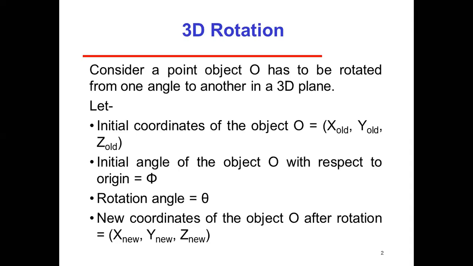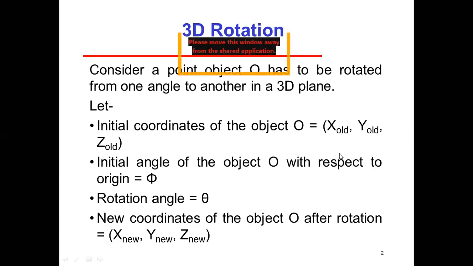Now we can see our object from each face. So in a similar way we will proceed with the rotation transformation. In this case also we will consider the initial coordinates. Now we are considering the object as O, and the initial coordinates we can consider as x old, comma y old, comma z old.